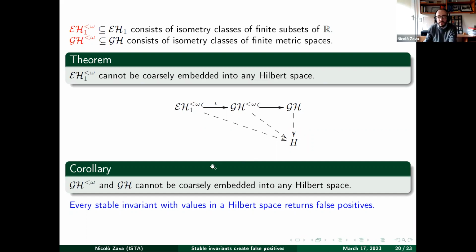And so we obtain the corollary, and we can rethink the corollary in the terminology we used at the beginning, and say that every stable invariant, as the title says, taking values in a Hilbert space, returns false positives. So it's not a matter of finding a nice invariant. You cannot avoid false positives if you want a Hilbert space as a target space.